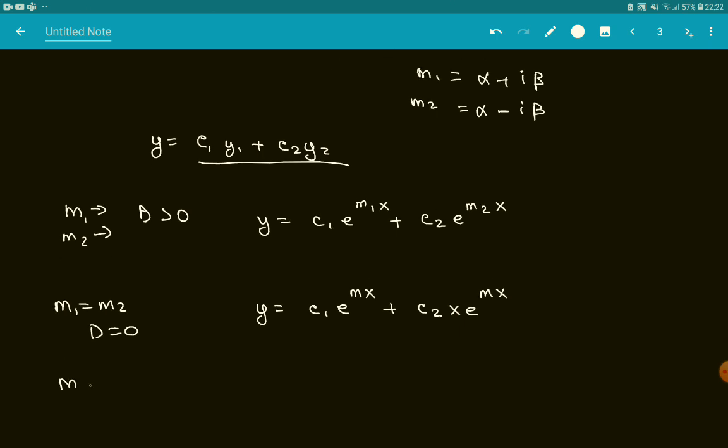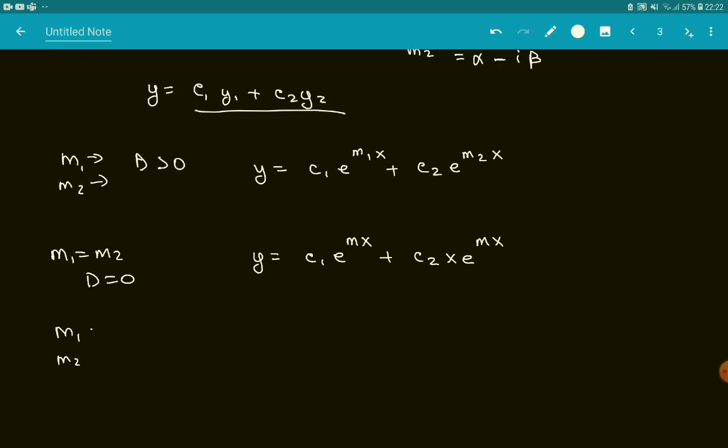As for case 3, where m1 and m2 are not real numbers, they are complex numbers. It means that the discriminant is less than 0. So we will need to find what is alpha and what is beta.